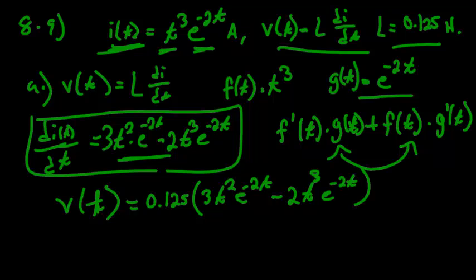We'll see that e to the minus 2t never goes to 0, so we only have to handle the inner term. And I'll show you. It's never 0. E to a negative power will never go to 0, because you can think of it as 1 over e to some value t, right?